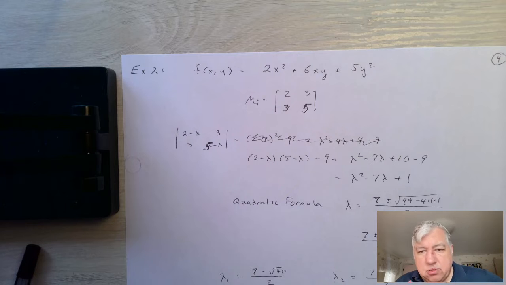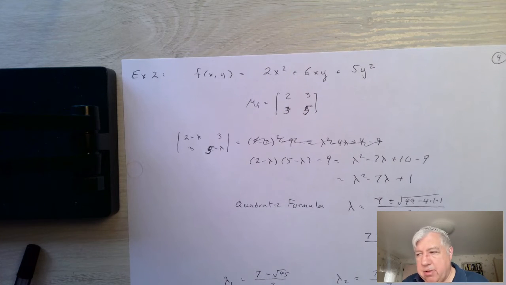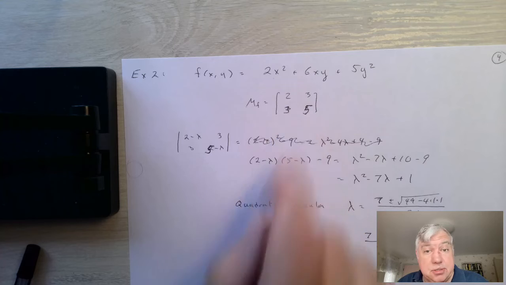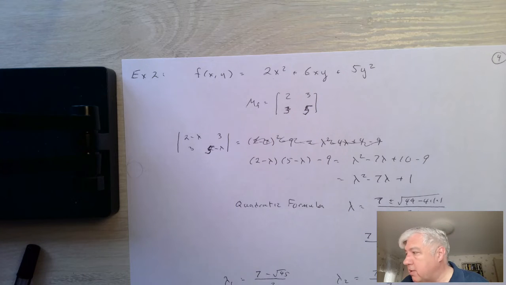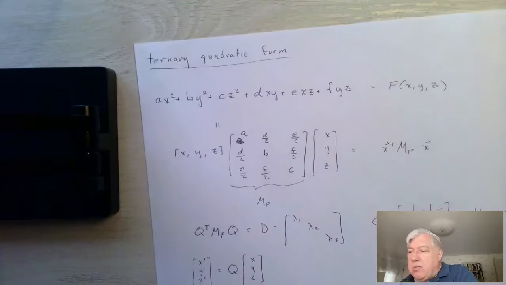Okay, and that's just called a quadratic form. And all of those can be written with a corresponding matrix. Now, I just wanted to give you one more case of this, and that is a ternary quadratic form.